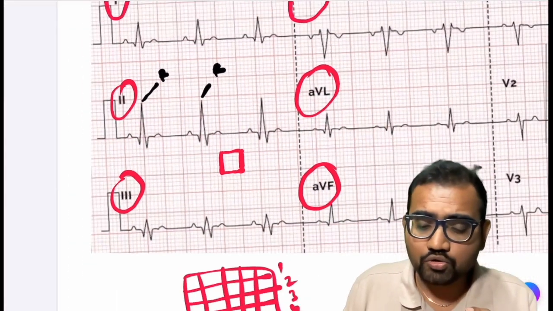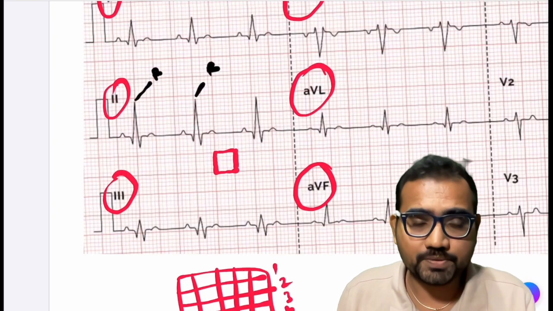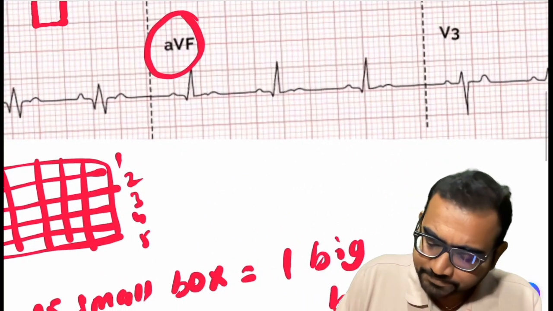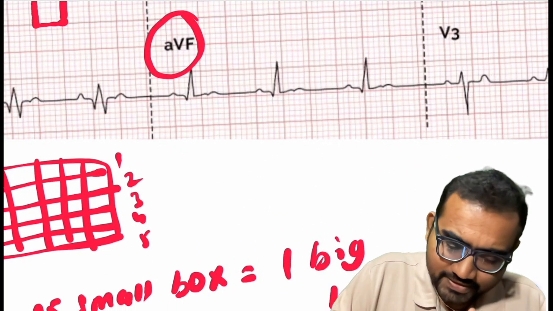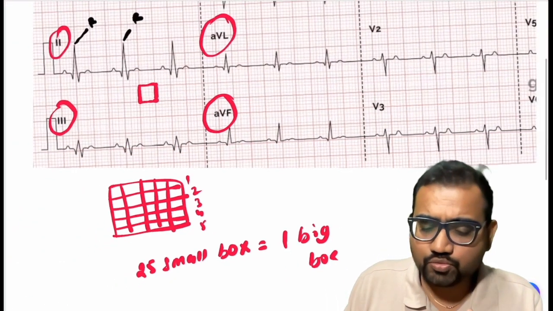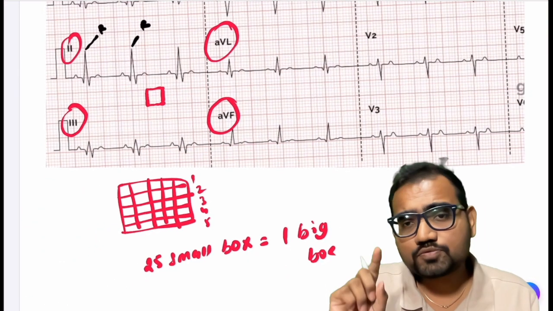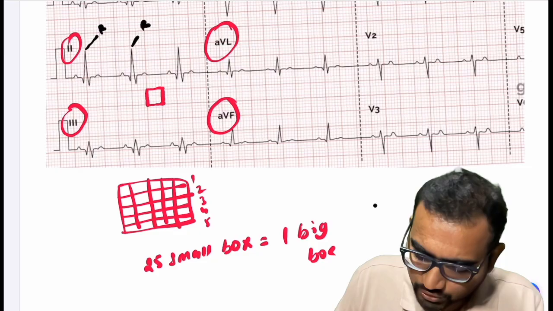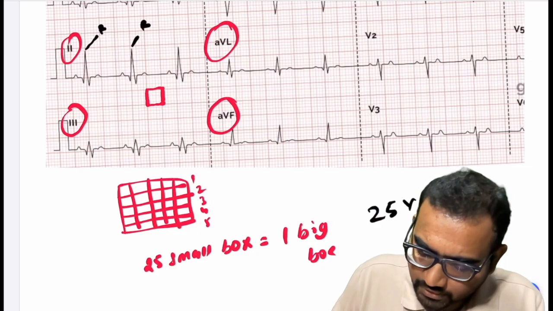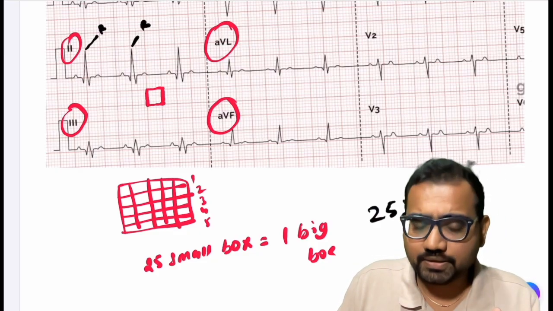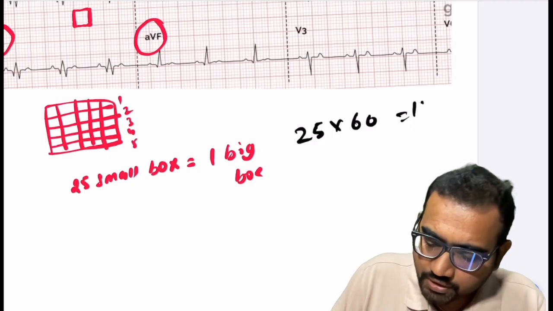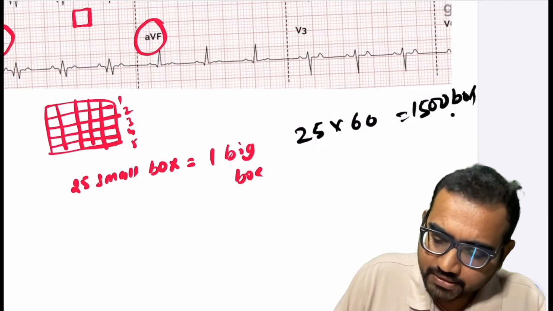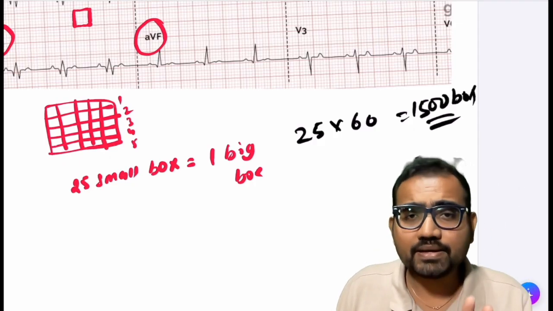Now how to calculate the heartbeat for this patient, her heart rate. Very simple. As I told you, there are 25 small boxes that form one big box. So 25 into 60, that is 1 minute, is equal to 1500 small boxes in this ECG.